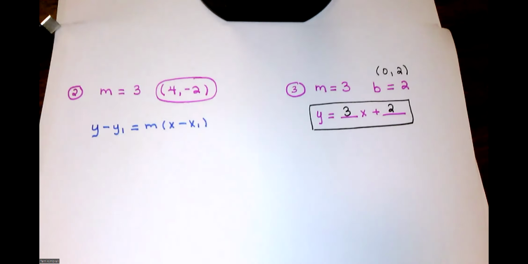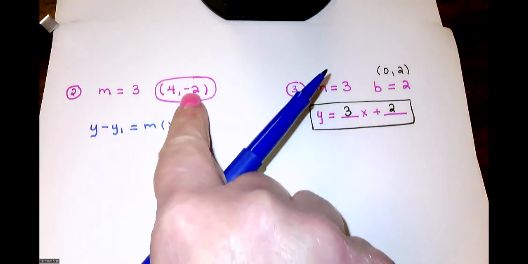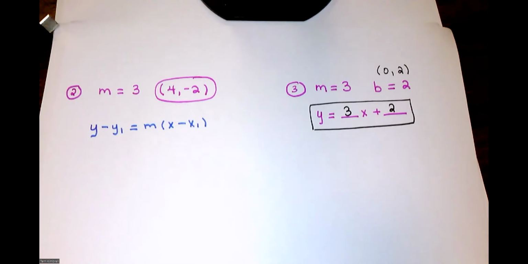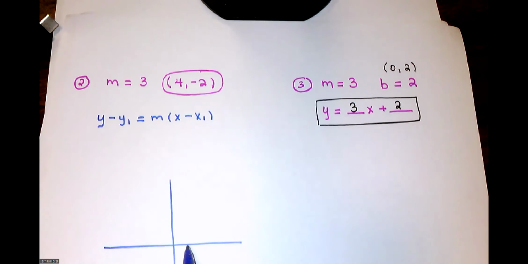You want to use that formula when you don't know the y-intercept. And this is definitely not the y-intercept. If you were to graph (4, -2), that would lie in quadrant 4. Okay, so we're going to have to plug in.